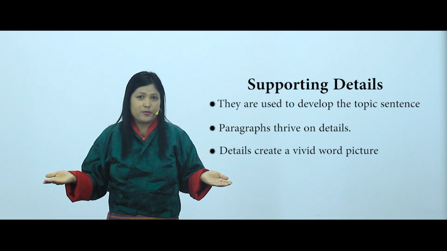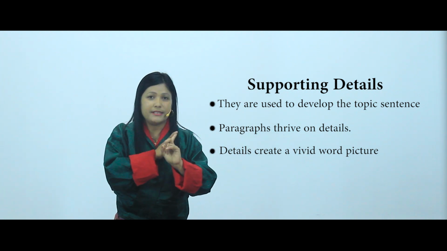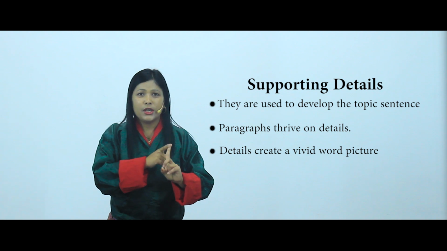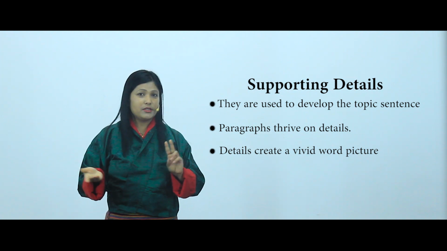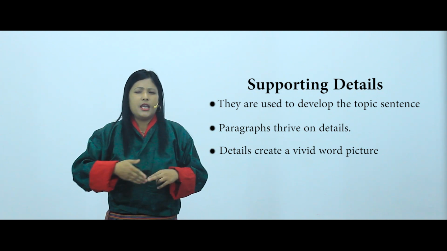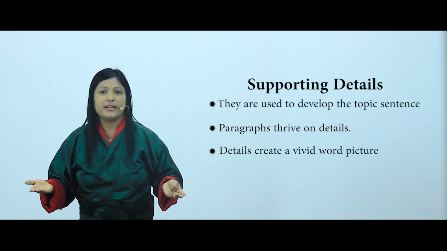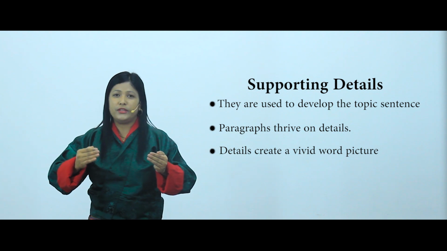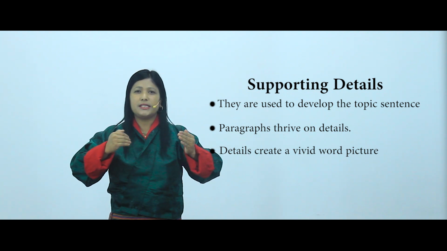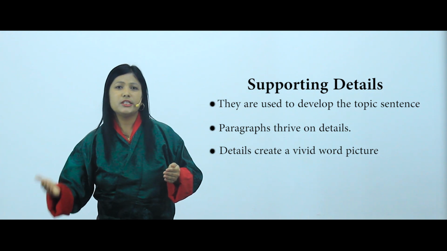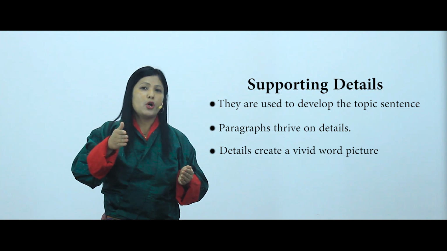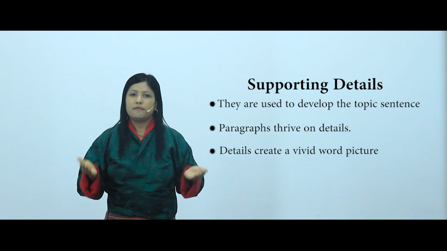Now, how do you elaborate? Evidence. You need to have evidence. You can use examples. When you use examples and evidence, it becomes very detailed. So when you have these details, your sentences can be longer and you can have more sentences to support your topic sentence.